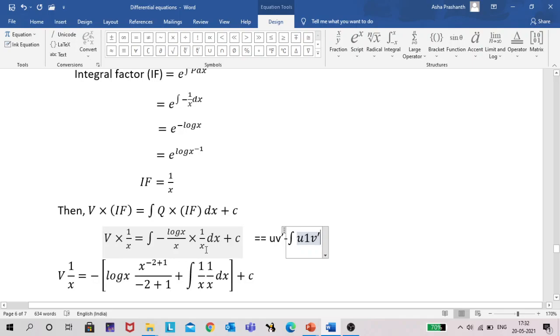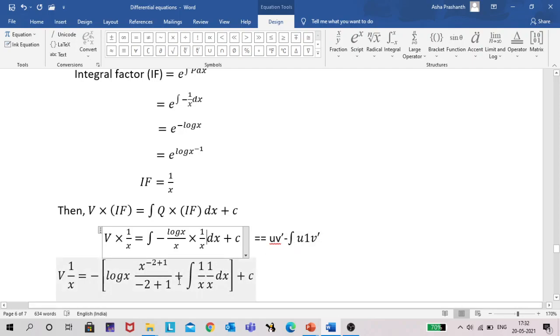So that 1 over x square can be taken as x to the power of minus 2. Minus 2 plus 1, what will we get? Minus 1 by x we will get. Minus is there here. Log x differentiation is 1 over x.